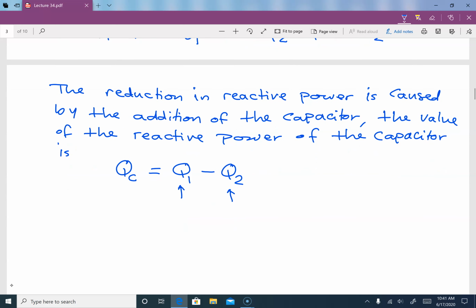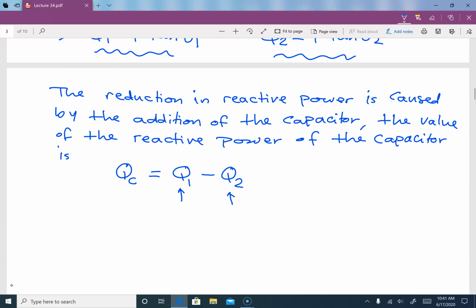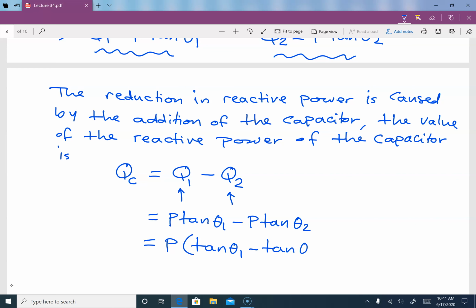So in this case, we can substitute for Q1 and Q2. That means this is equal to P tangent theta 1 minus P tangent theta 2, which means that is equal to P multiplied by tangent theta 1 minus tangent theta 2.